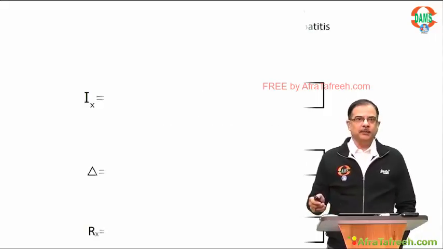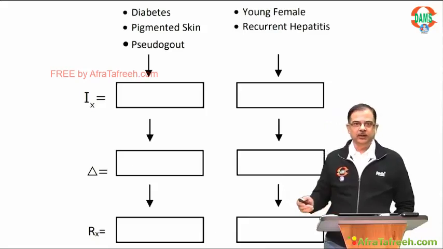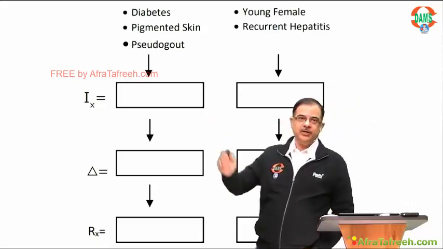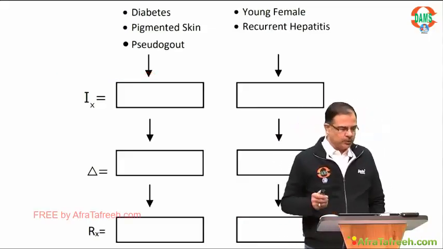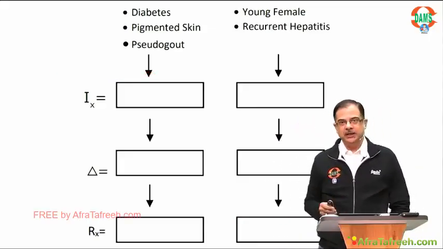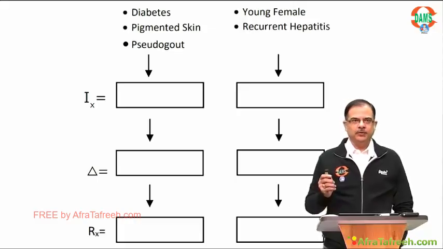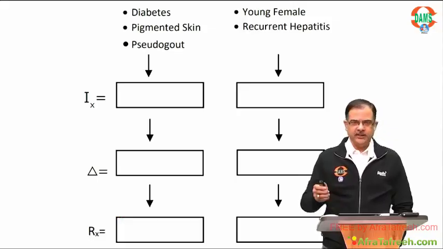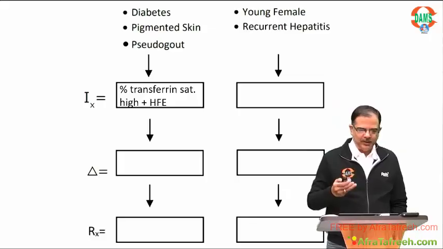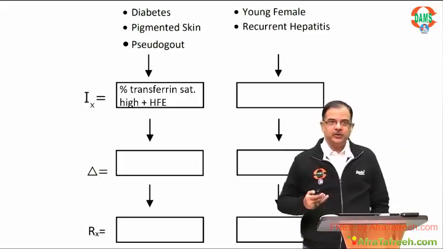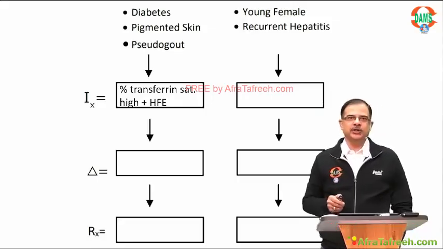So the patient has these features. Look at the first one. The patient had diabetes, pigmentation and pseudogout, pigmented skin. In this clinical case with jaundice and elevated SGOT and SGPT, we will think of a disorder where there is some iron overload. Percentage transferrin saturation is high and HFE gene mutation is present.